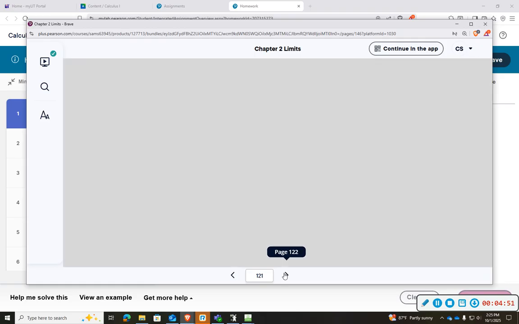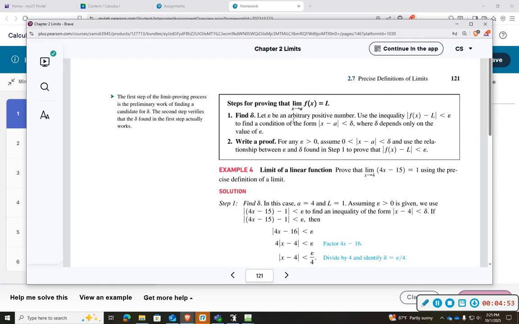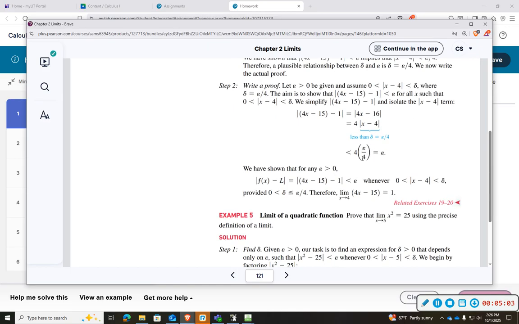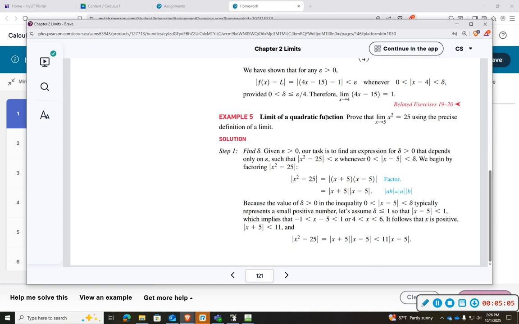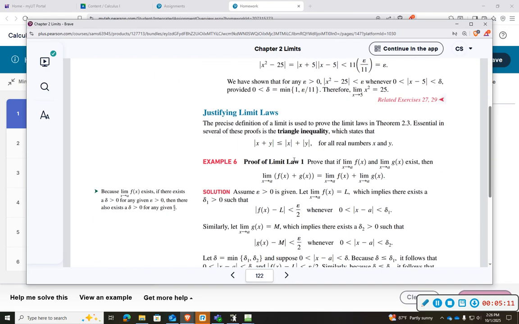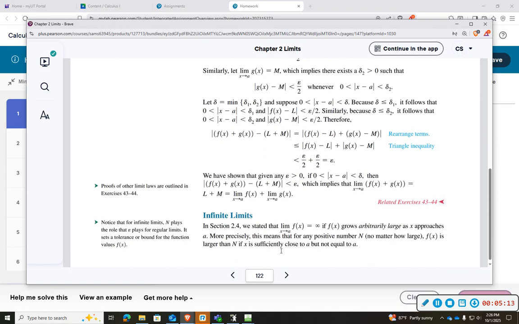The rest of the section goes over some proofs, which give you a little bit deeper understanding of the epsilon delta definition. They're going through proving how we know this works and showing the relationship that would exist between epsilon and delta. You get to justify it using the triangle inequality.